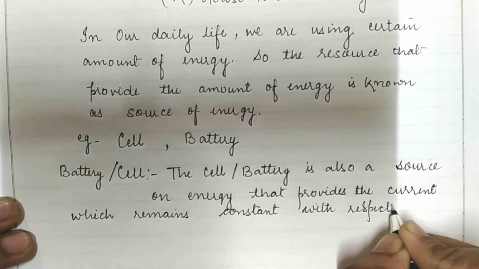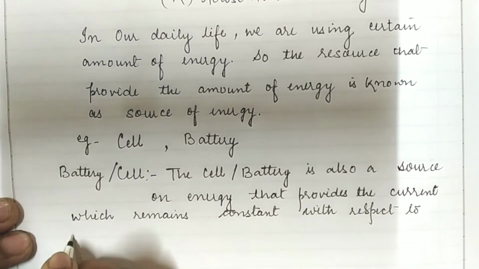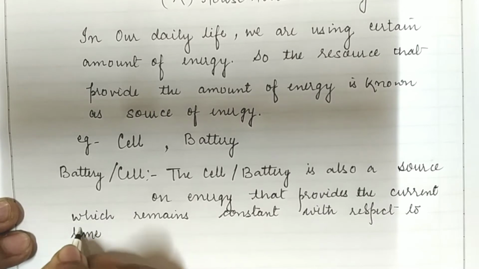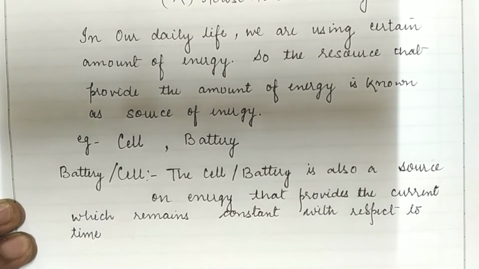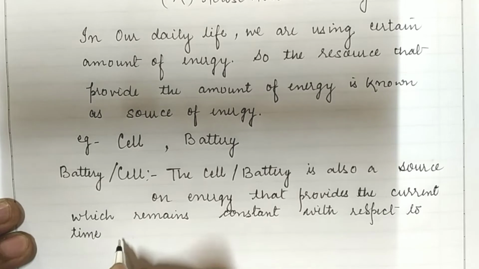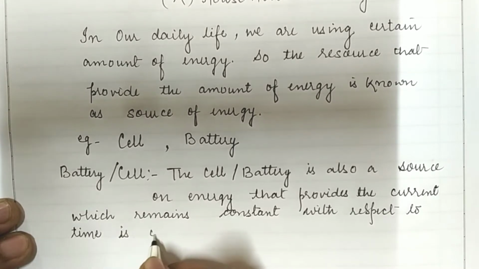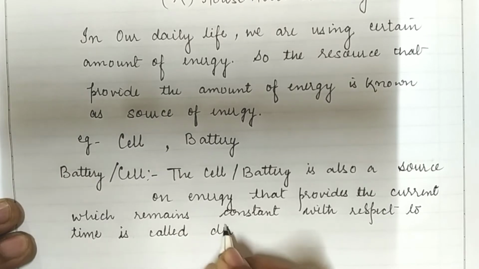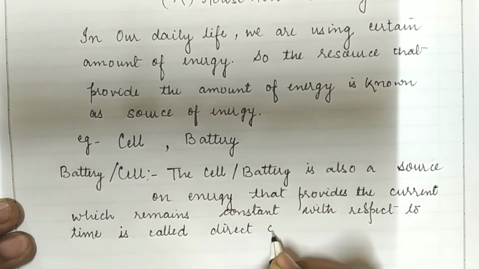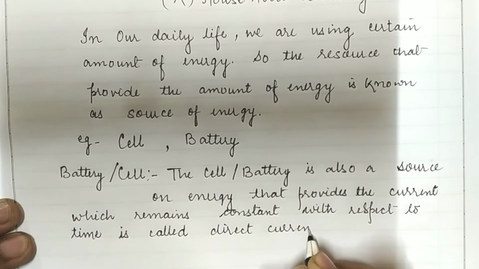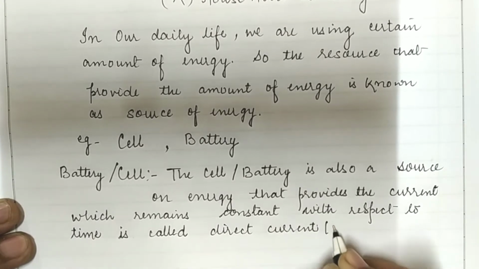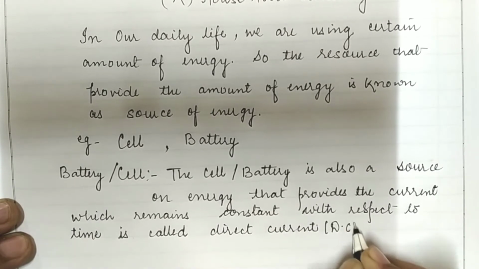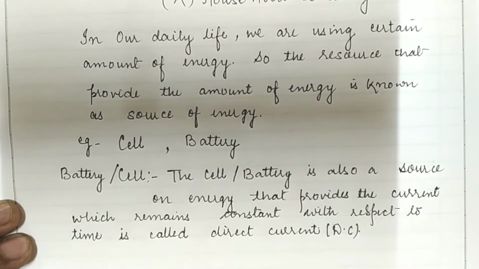Children, it means that when the value or magnitude of current remains unchanged with respect to time, it is called direct current. So children, in our household circuit two types of current can be used: the direct current and the alternating current.